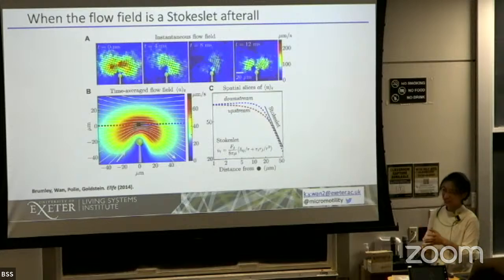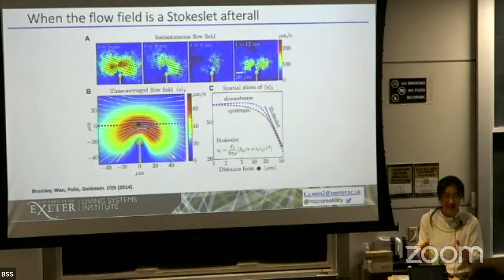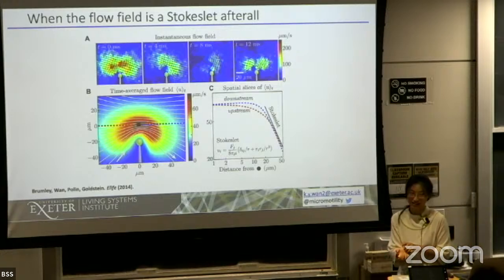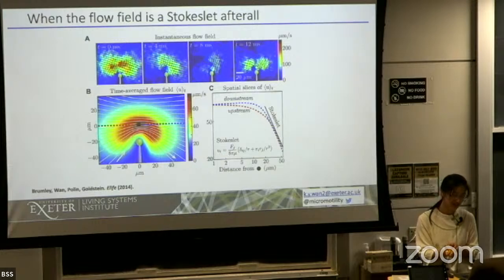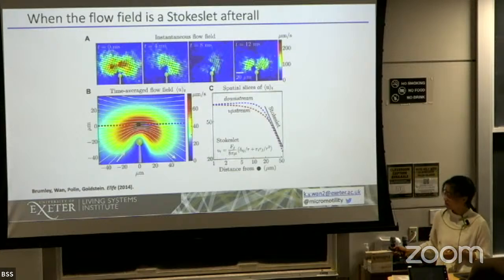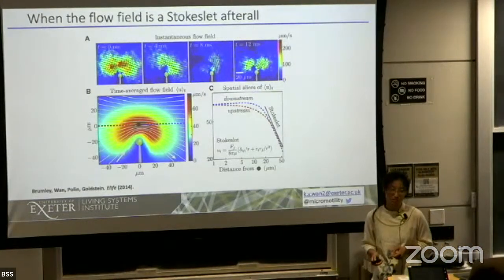Or in this case, this is just a cilium, a short cilium-like stroke pattern, which is just a power and then recovery stroke cycle. And this really does generate a fairly good match to a Stokeslet profile. Again, this picture here is what you get on average, the time average flow.